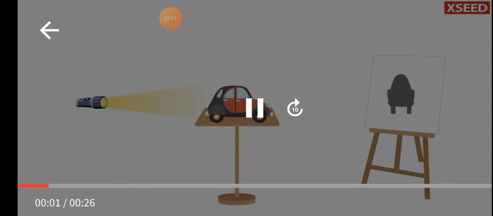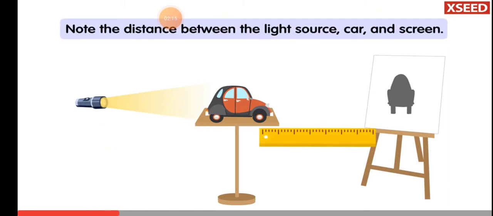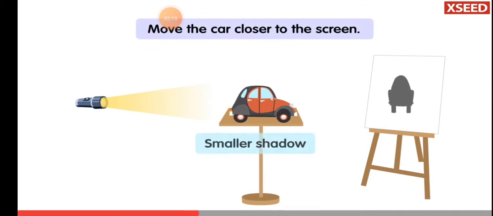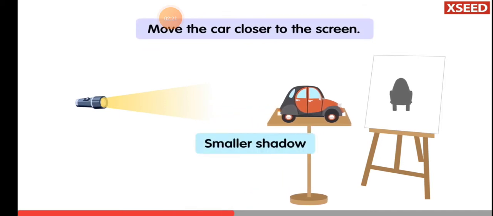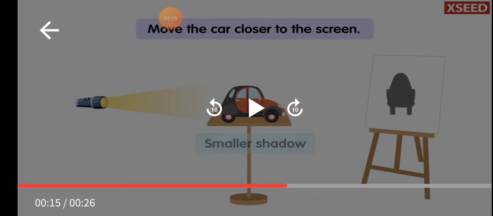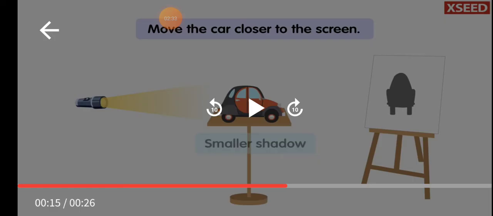Shadow forms on the screen. Shadow is smaller when the car is closer to the screen. So when the object is very near to the screen, the shadow is very small.